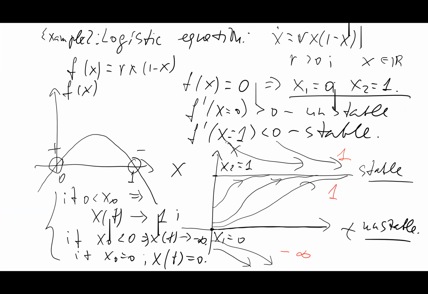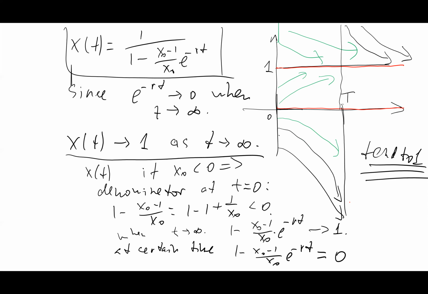But in fact, this tendency to minus infinity stops at a certain time t, and then we get this continuation of the orbit in here from above, which also tends to 1.